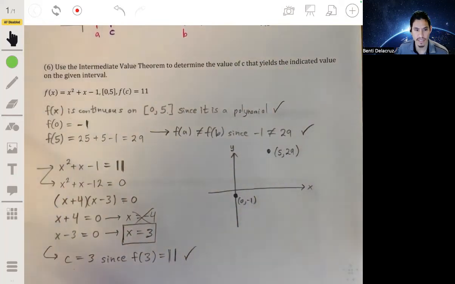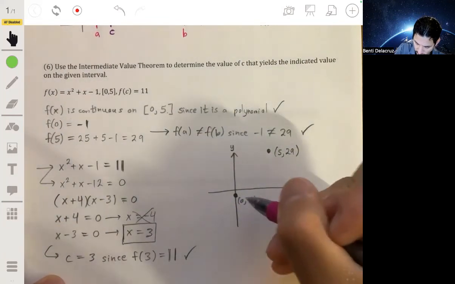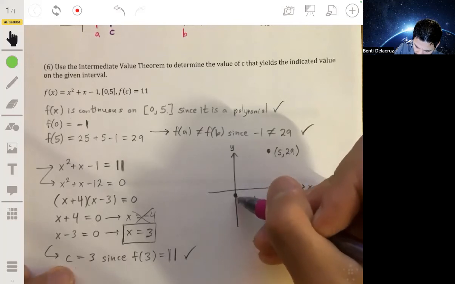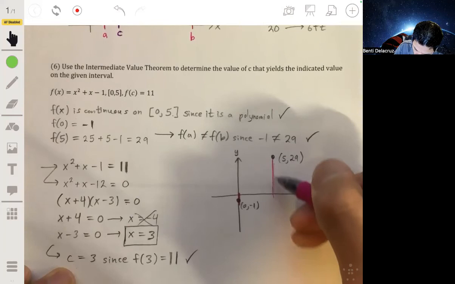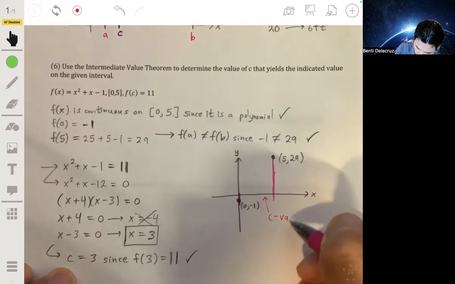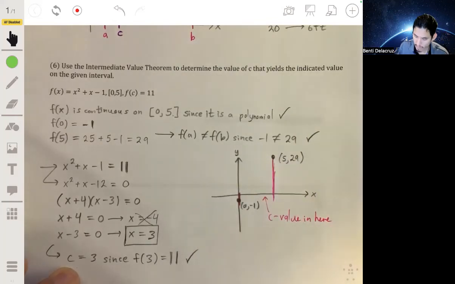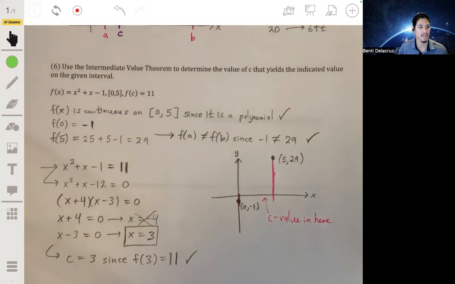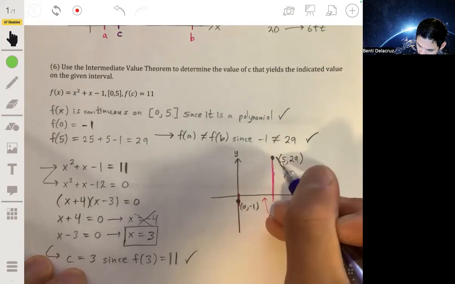Now, what this is saying is that there has to be a c value between here and here such that if you plug that c value into the equation, you're going to get 11. And that's because 11 is between this point and this point on the y-axis.